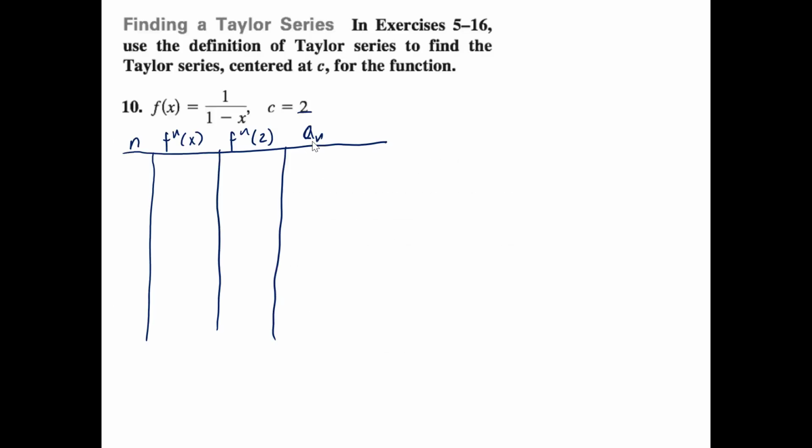So your Cn, I think we had called it Cn. And your coefficients are given to you by evaluating your nth derivative at 2 and dividing by n factorial.